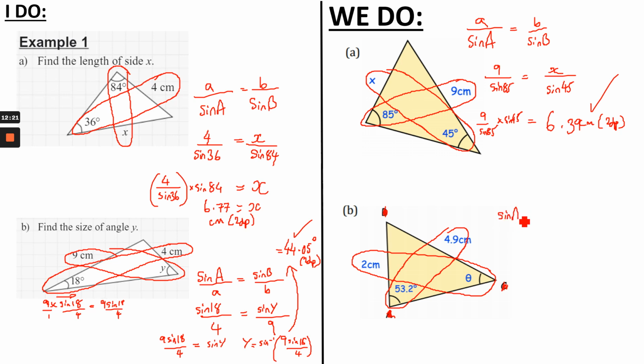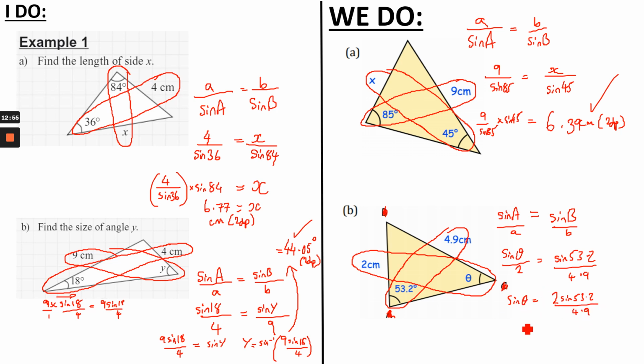So we've got sine of capital A over little a is equal to sine of capital B over little b. Now we've got sine of our missing angle, so sine theta over 2 is equal to sine 53.2 over 4.9. We want to work out theta, so the first step is to multiply both sides by 2. So we've got sine theta equals 2 sine 53.2 over 4.9.